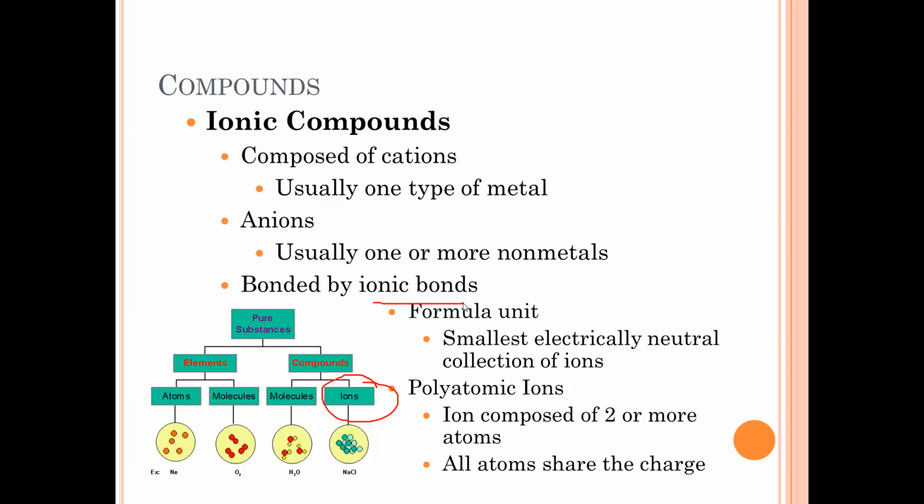They are represented by formula units, which is the smallest electrically neutral collection of ions, or polyatomic ions, which is an ion composed of 2 or more atoms. All the atoms share the charge. That gives you an introduction to bonding.